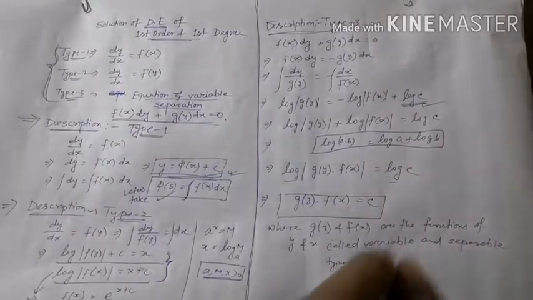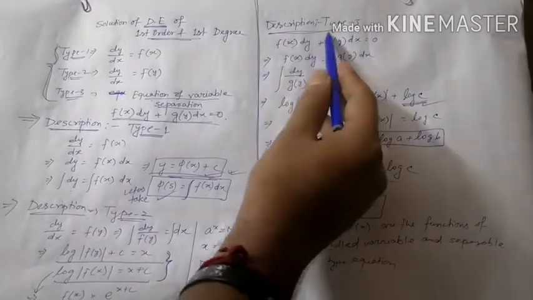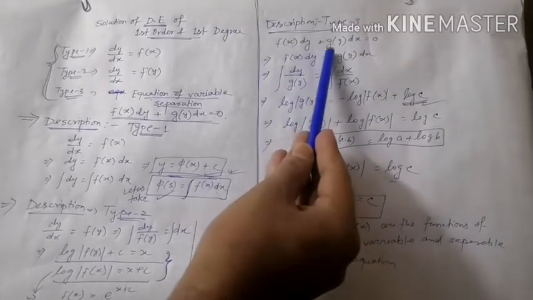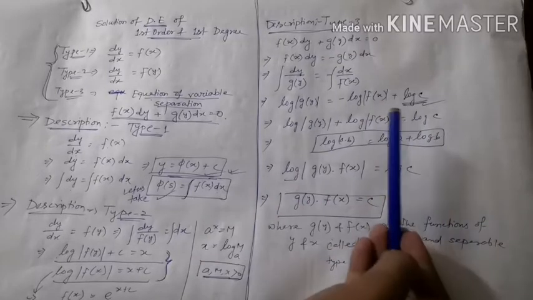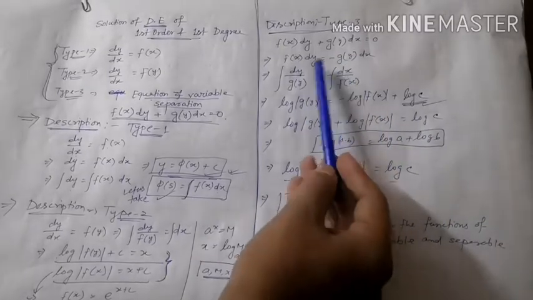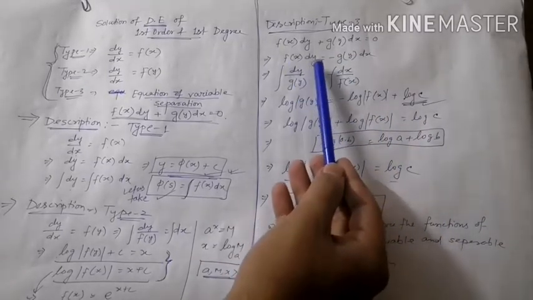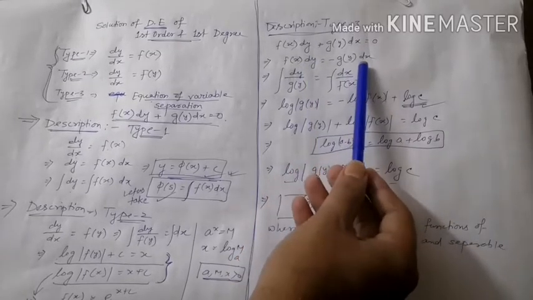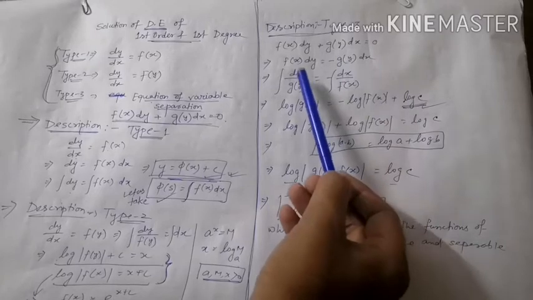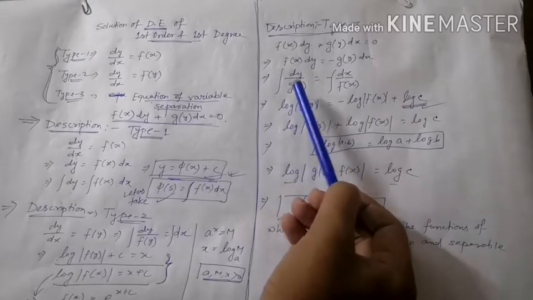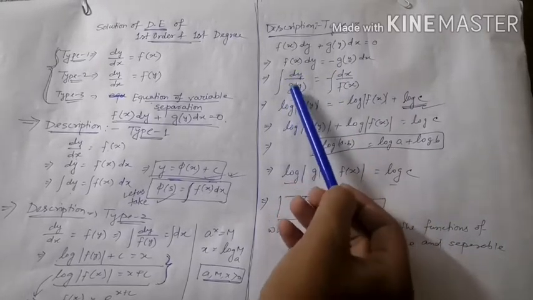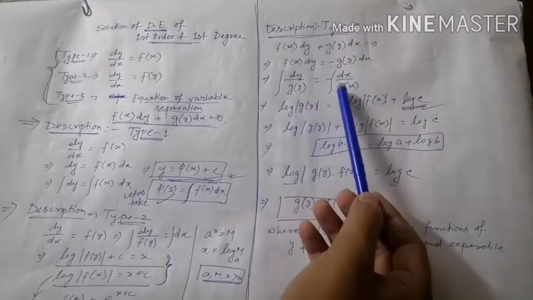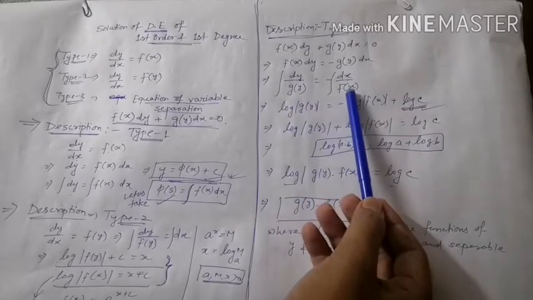Once again I will repeat type 3, that is f of x dy plus g of y dx equals 0. After that we separate. One side we take dy and another side we take dx, and after that we take the y function as the denominator of dy and the x function as the denominator of dx.